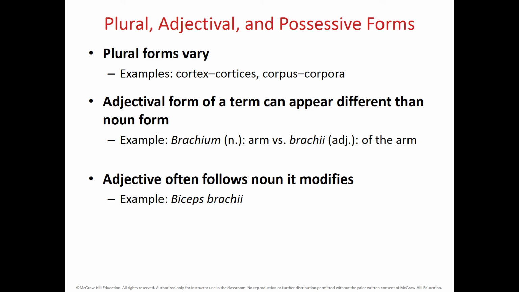For instance, biceps brachii, which is a muscle. Biceps is a muscle that we have in our body, but in this case we have two biceps. We have one in the leg that is called biceps femoris, and another one in our arm that is called biceps brachii because it's the biceps of the arm. So this is the adjective form for the biceps muscle.